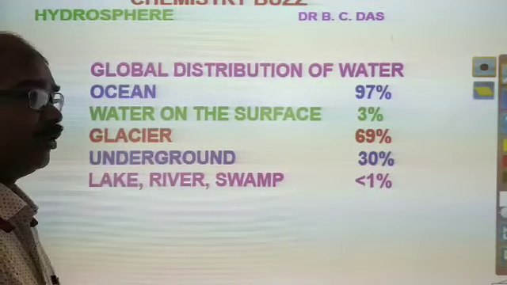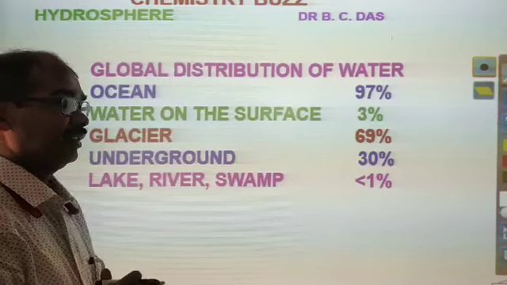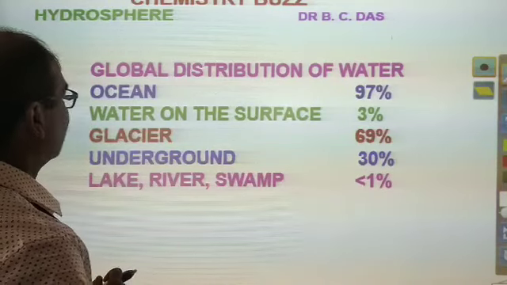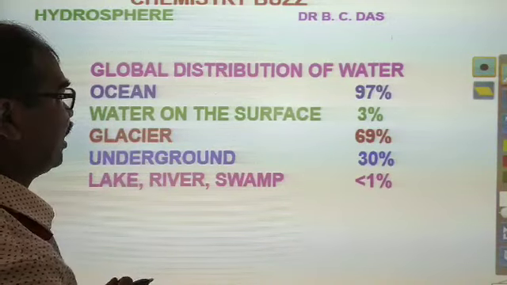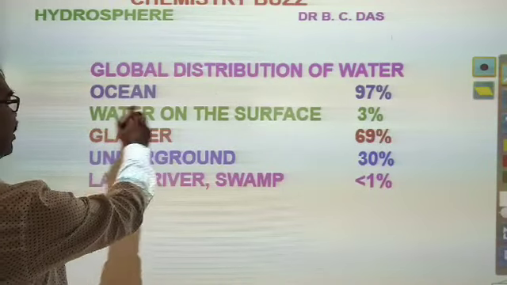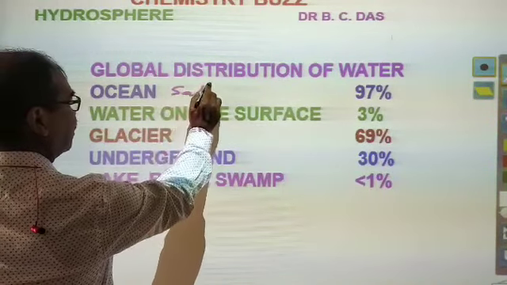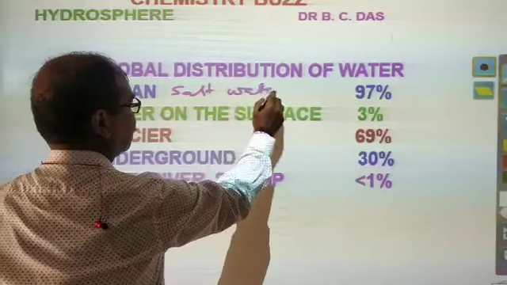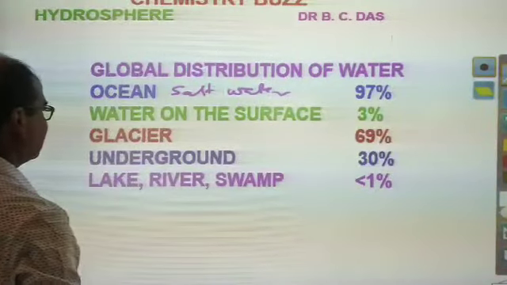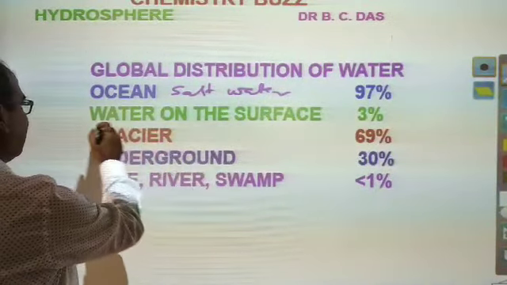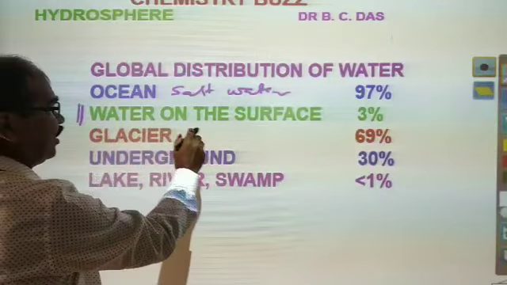The total water on Earth's surface is distributed as follows. The ocean consists of salt water, that is 97%, and the remaining 3% is fresh water on the surface.